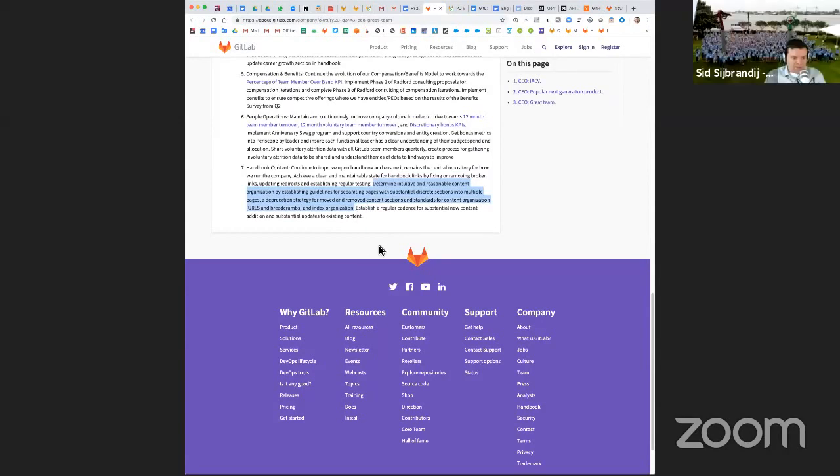Determine intuitive and reasonable content organization by establishing guidelines for separating pages for substantial discrete sections into multiple pages, a deprecation strategy. So this is like, do we want this to be one thing? Well, okay, you can have only 3.